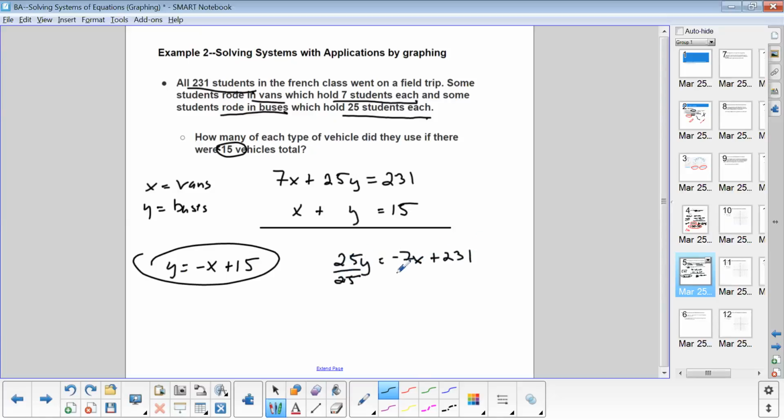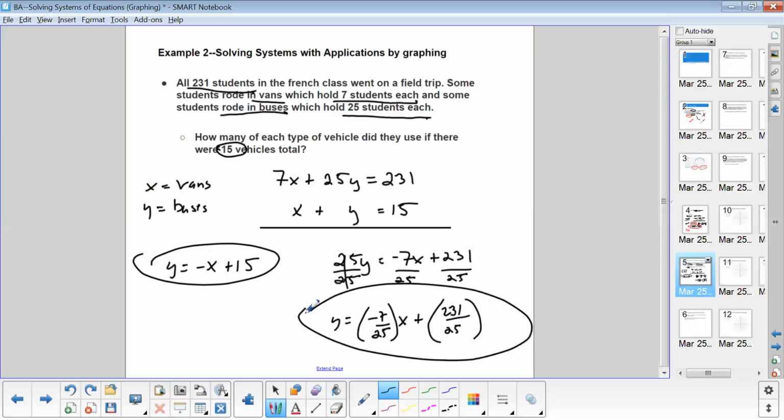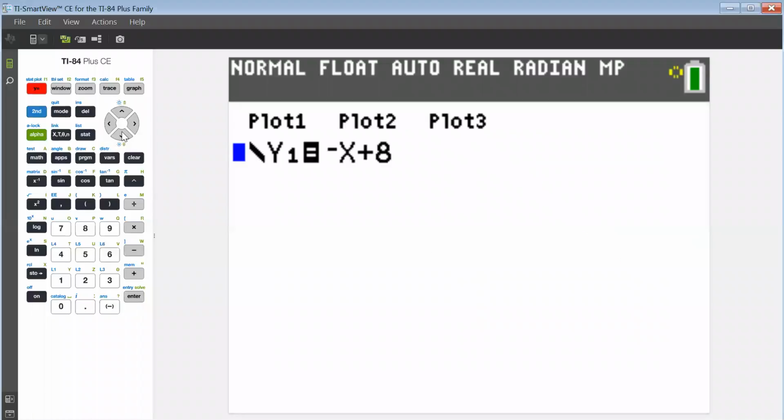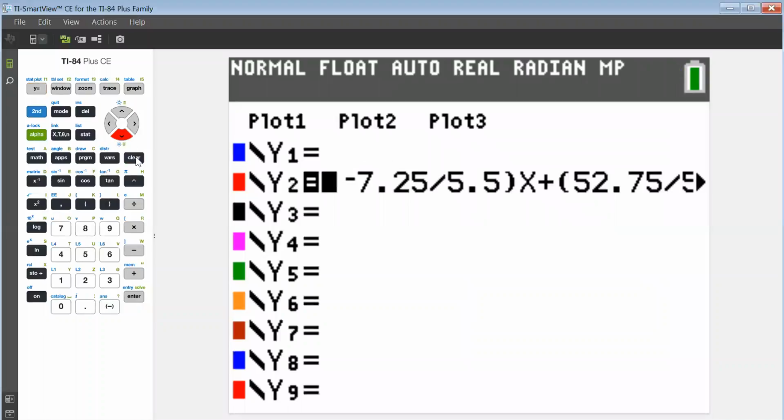We're going to divide by 25. And so the second equation is y equal negative 7/25 x plus 231 divided by 25. These are the two equations we're going to use as we type in our calculator. So I'm going to go into y equal and clear out what I have.